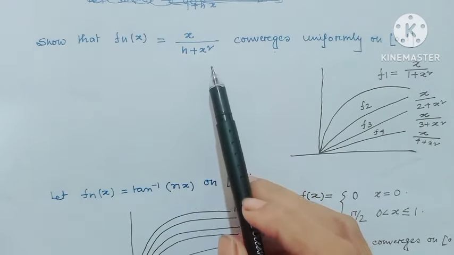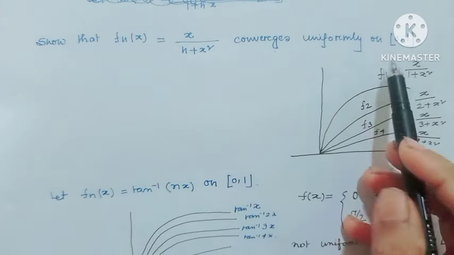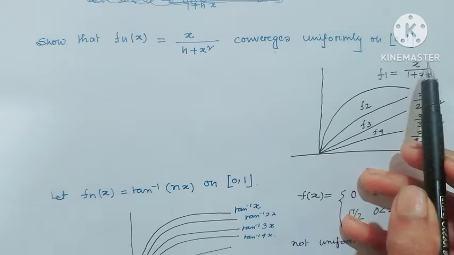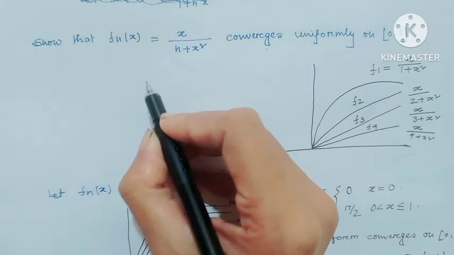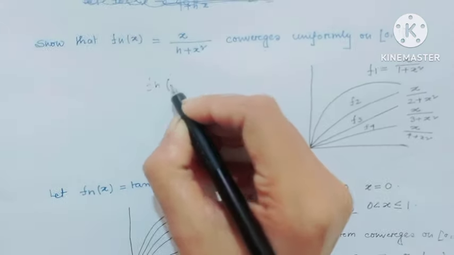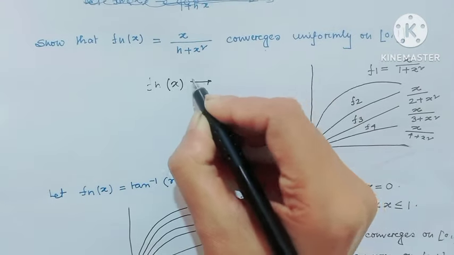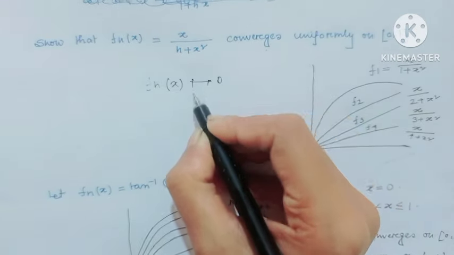fn(x) equals x over n plus x square converges uniformly on [0, 1]. Obviously, this function fn(x) converges to 0 pointwise.